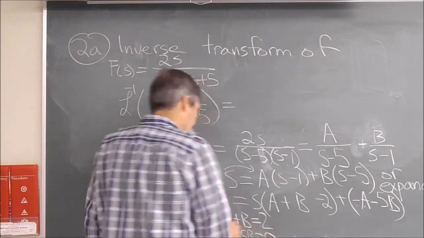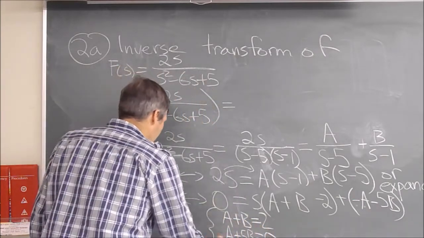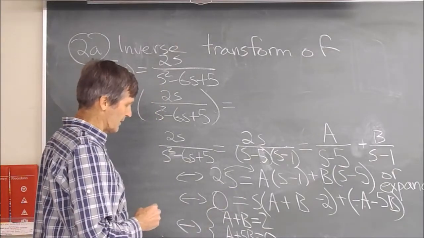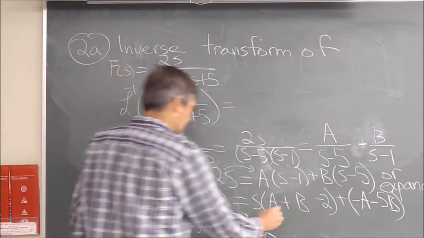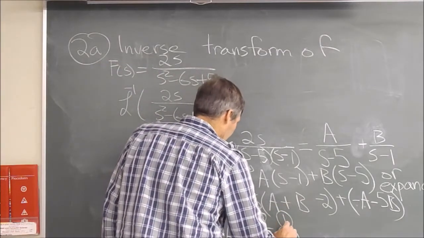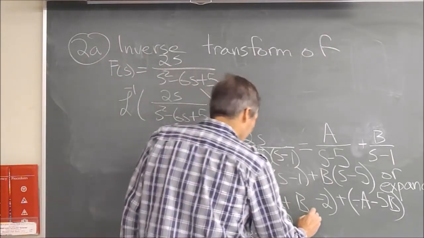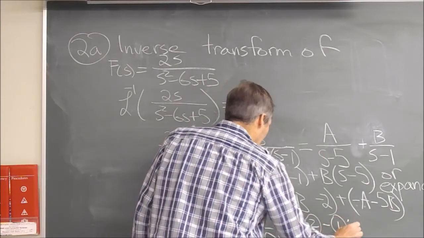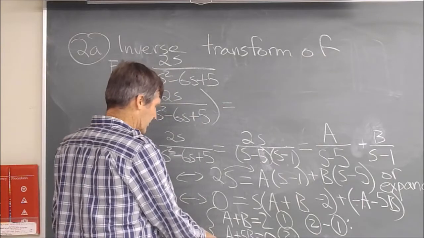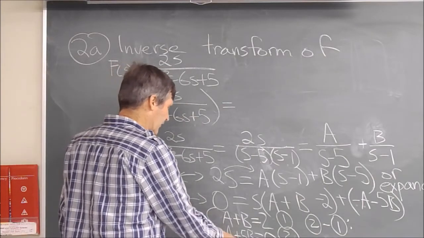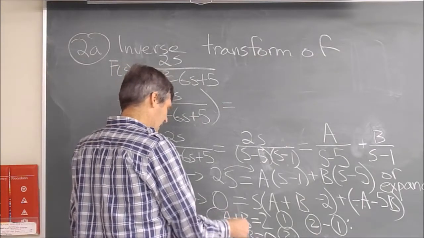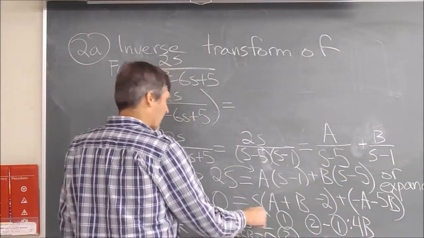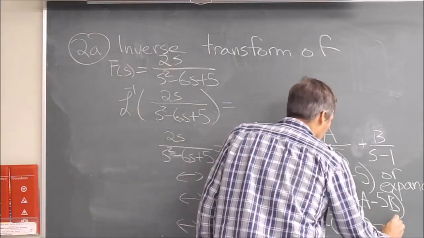And then I can use elimination to solve this system that's equivalent to this, right? Two linear equations, two unknowns. I might just call this equation 1 and equation 2, and then I observe if I take equation 2 minus equation 1, I can eliminate A. A minus A is 0, 5B minus B gives me 4B, and then 0 minus 2 gives me minus 2.